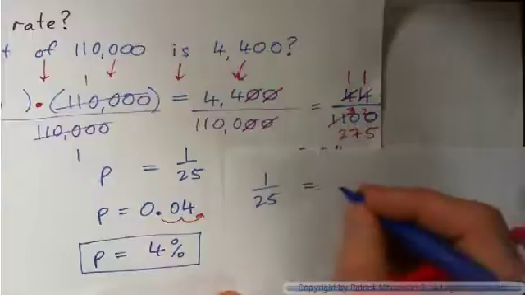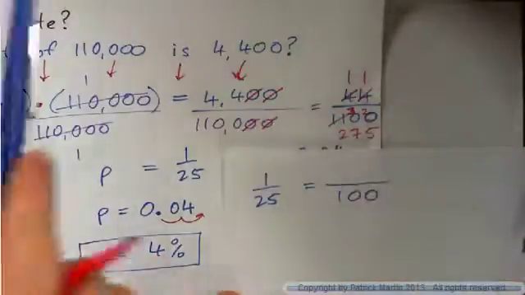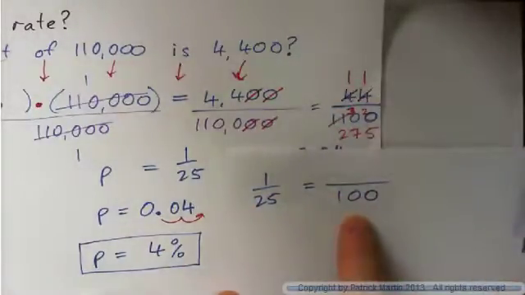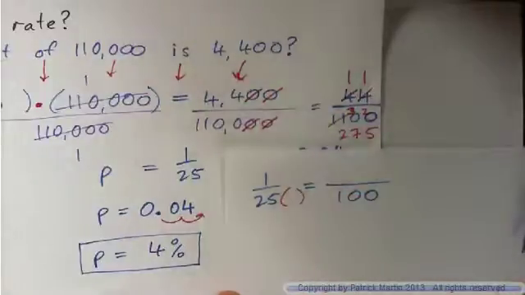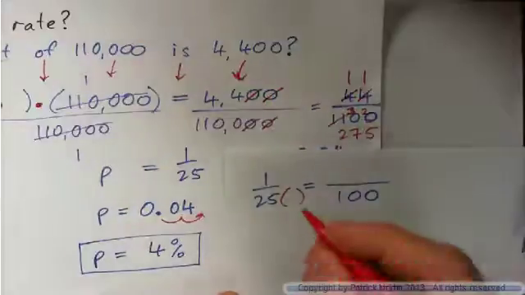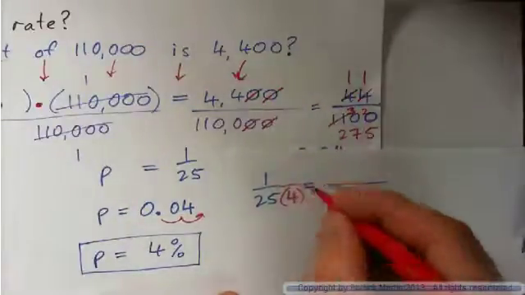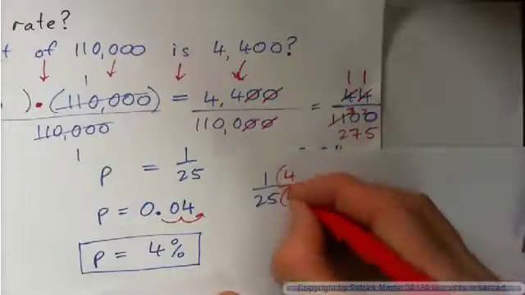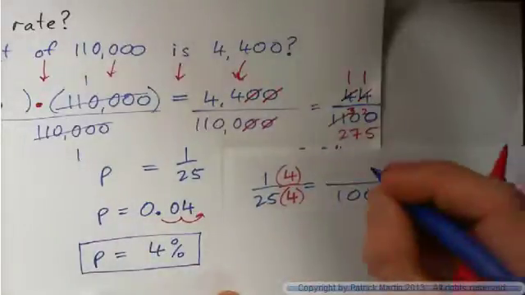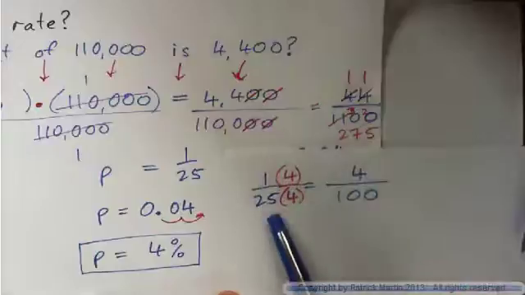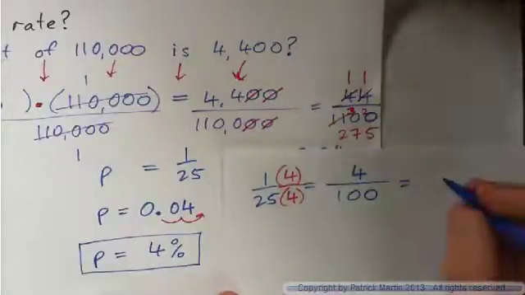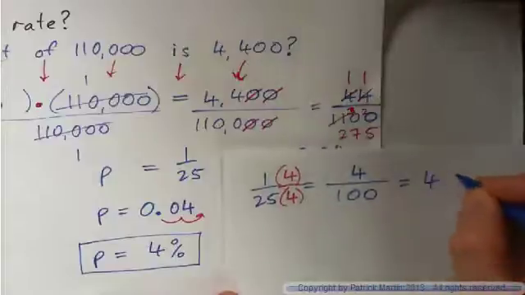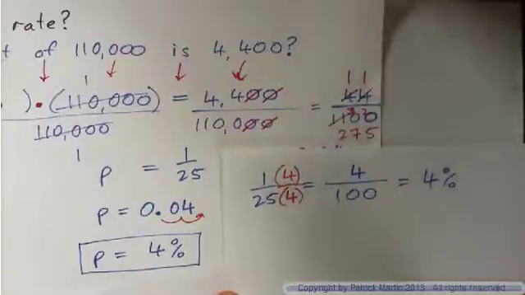But 1 over 25, if I turn that into an equivalent fraction with 100 on the bottom, 25 times what gives 100? 25 times 4, right? But if I multiply the bottom by 4, I must multiply the top by 4. And 1 times 4 is 4. So 1 over 25 is equivalent to 4 over 100. And 4 hundredths is 4 per 100 or 4%. So that's another way of doing it.